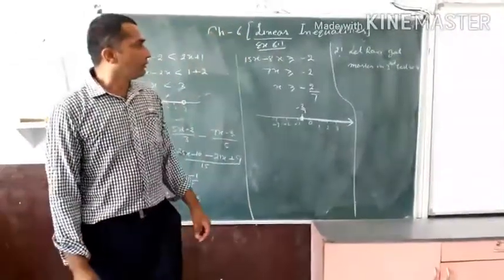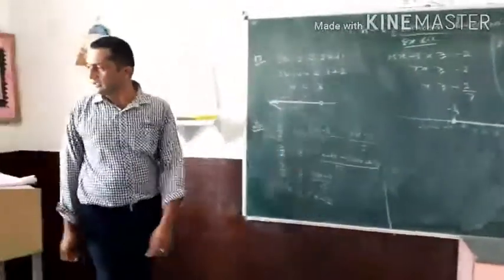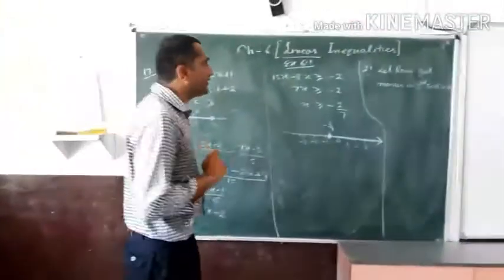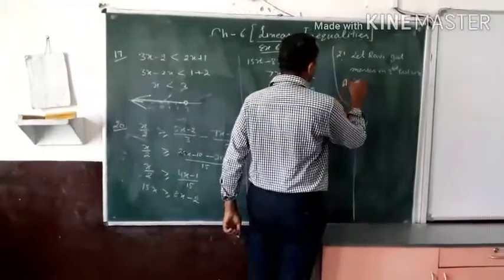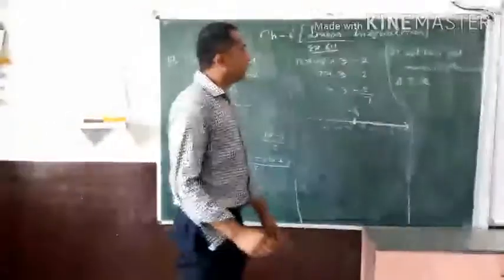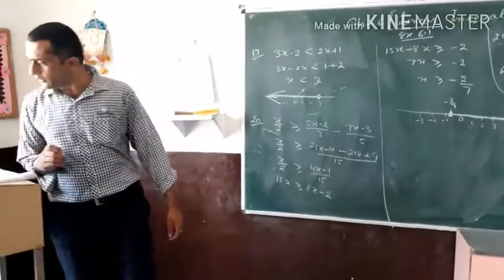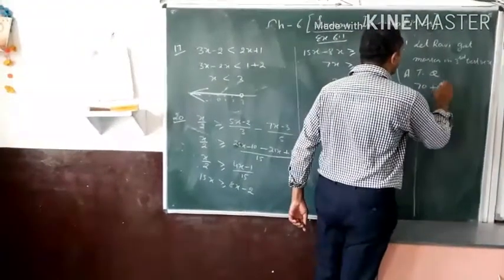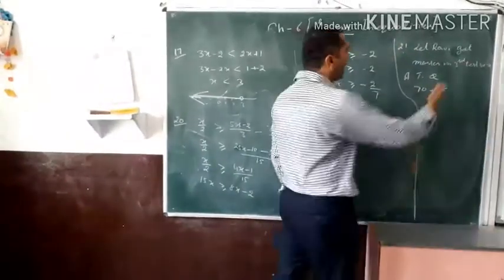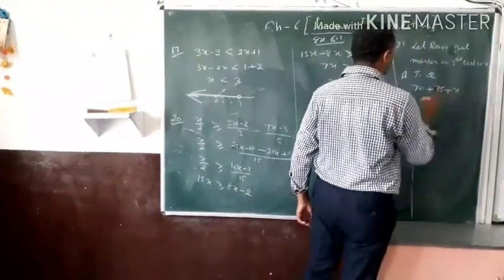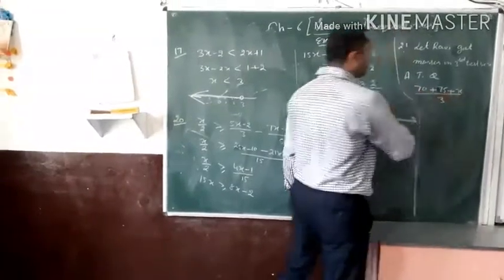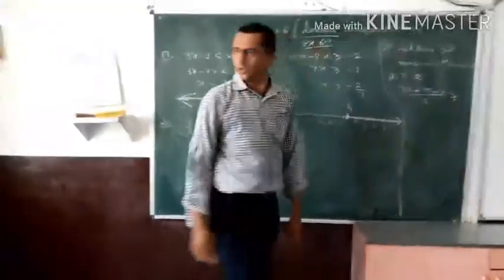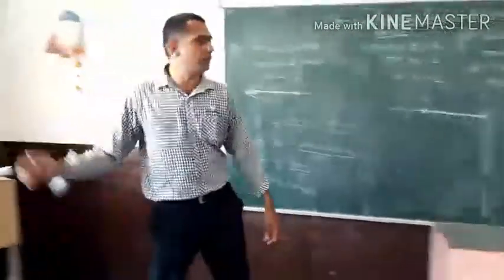The average of all three tests is at least 60 marks. According to the question, in the first test he got 70, in the second test 75, and in the third test x marks. The average will be divided by 3. At least means greater than or equal to 60.